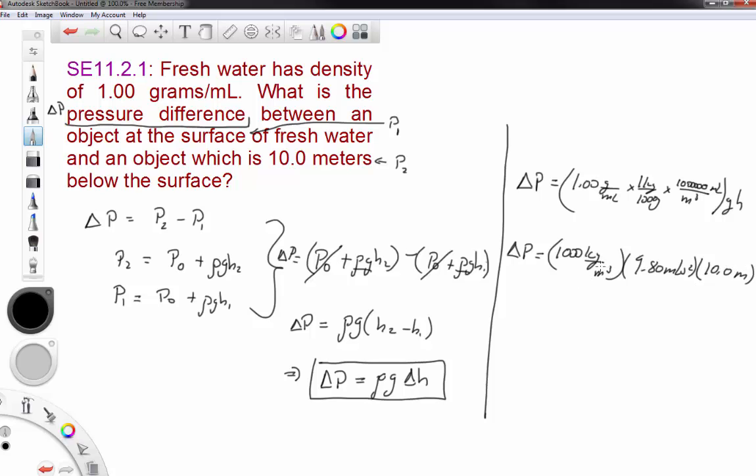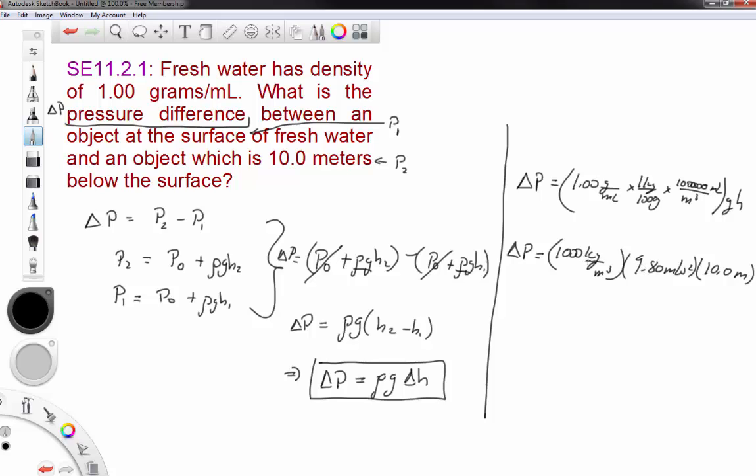Now, the reason why I had to change this unit into meters cubed is because I have meters here and I have meters here. Those are both in terms of meters, and so in order to make this force per unit area, if I want the area to be per meter squared, then every unit here needs to be in terms of meters.